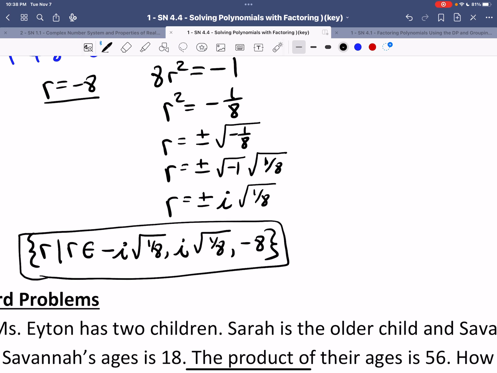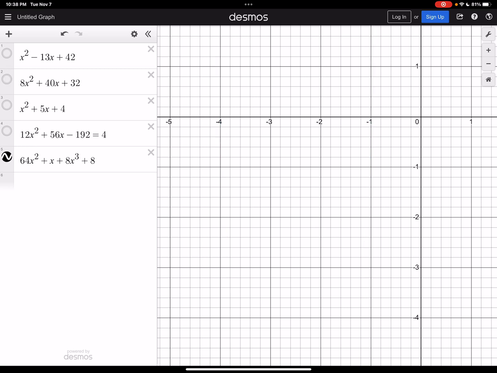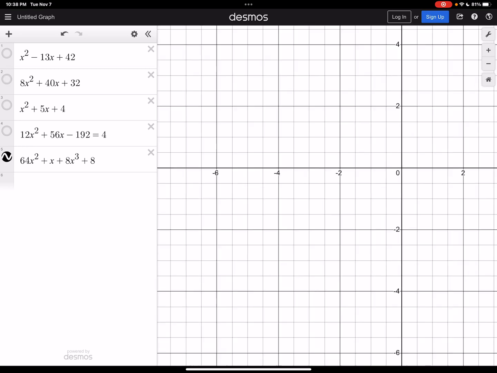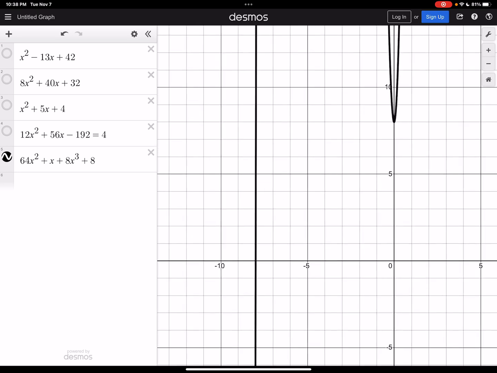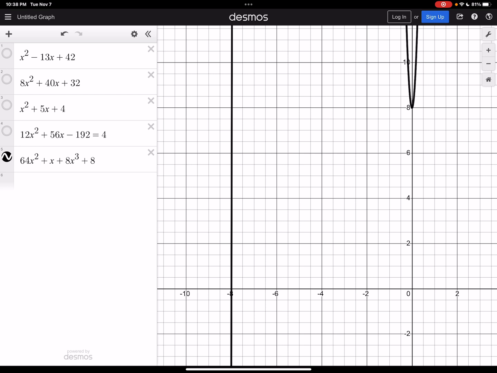Now I told you our goal of this is to graph. So what does this graph look like? So let me show you. Okay, so this graph looks like this. Notice over here next to the negative 8 is our point where the line crosses the x-axis.